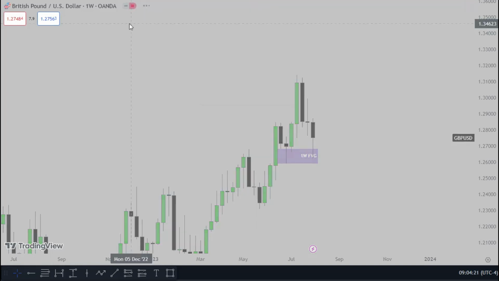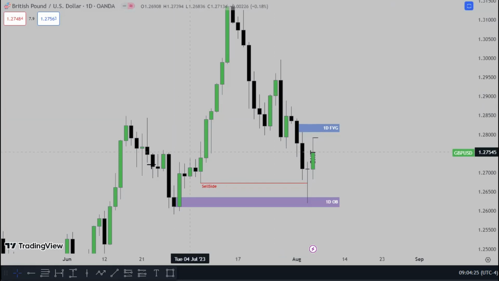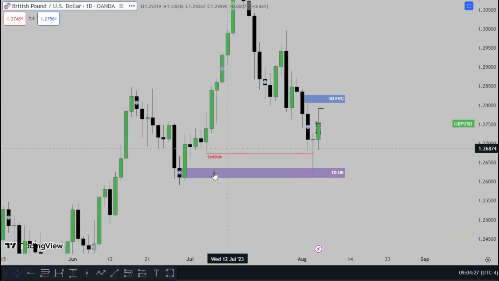Now going into the daily time frame, right? Within that weekly fair value gap, price managed to violate sell side right here, targeting the lowest down candle in a down range, in a selling range. That makes any sense.